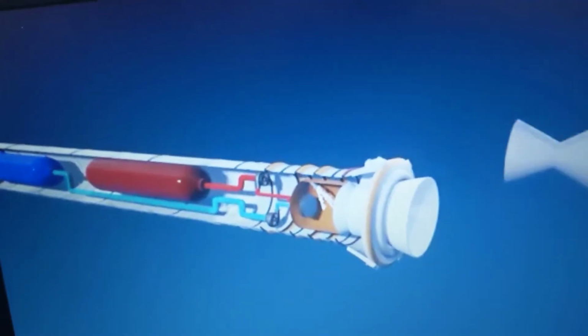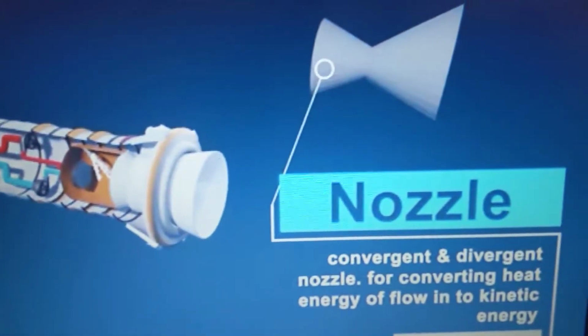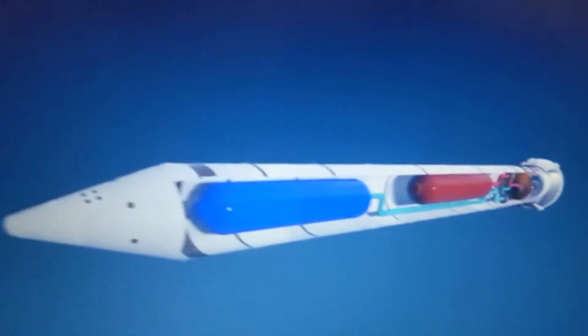You see here the part where it ejects. Here is a nozzle, with convergent and divergent parts. Now this is the whole rocket.